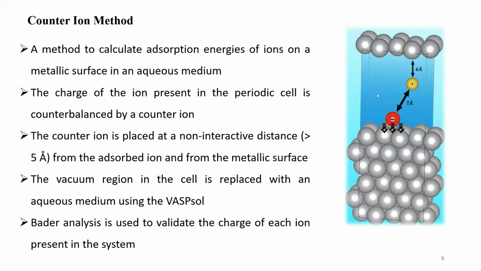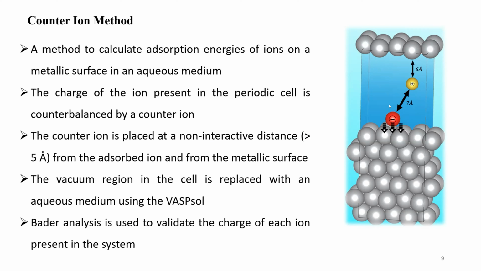So the scenario is like this. Here we have a metallic slab. Here we adsorbed an anion, and we put here a counter-ion, let's say sodium. If this is -1, sodium is +1, and it is far enough from the anion and from the above metallic layer.